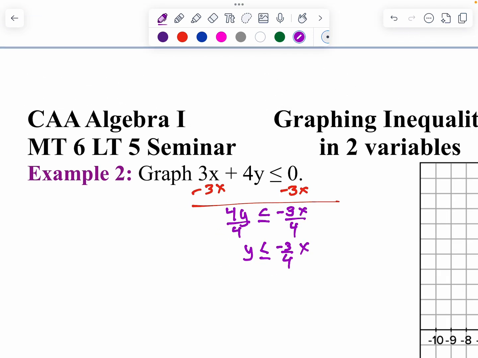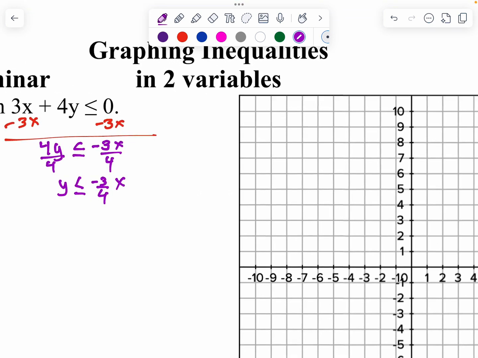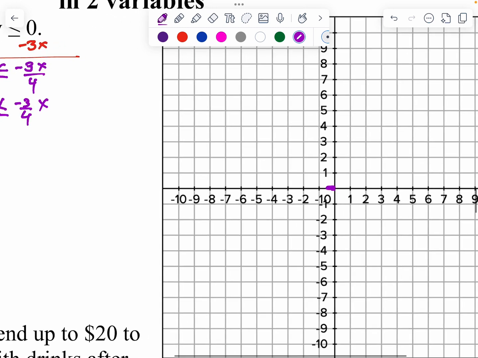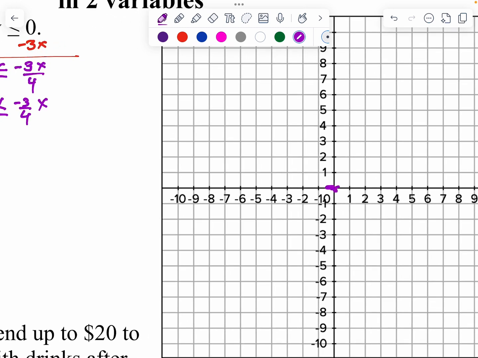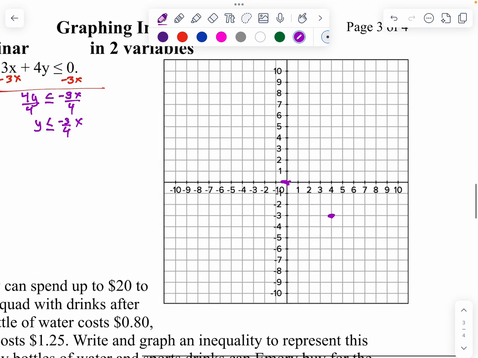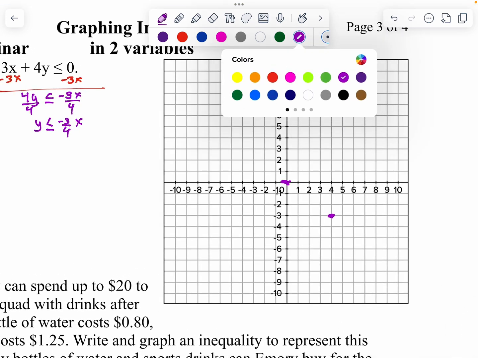Now we're going to graph that. And notice my y-intercept is 0, and my slope is down 3, to the right 4. And it's a solid line, so I want to make a solid line going through this.